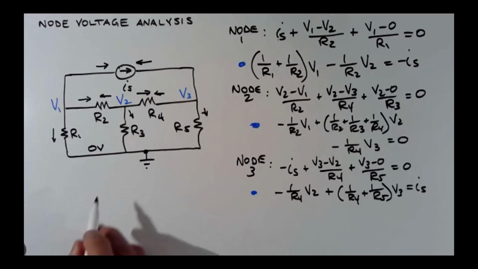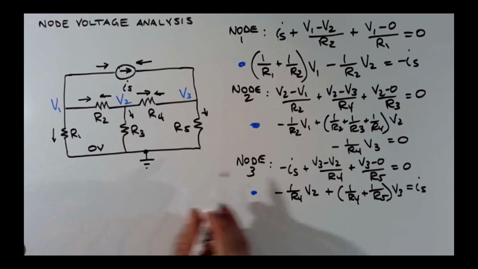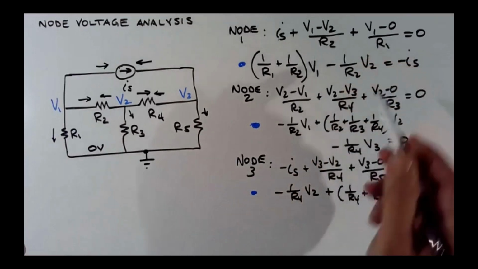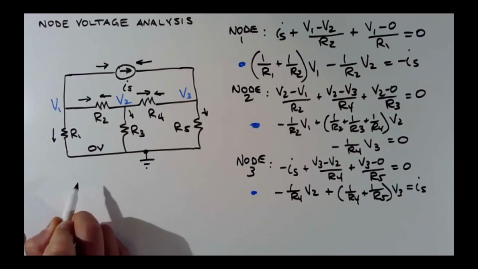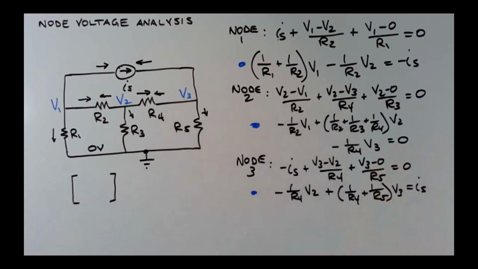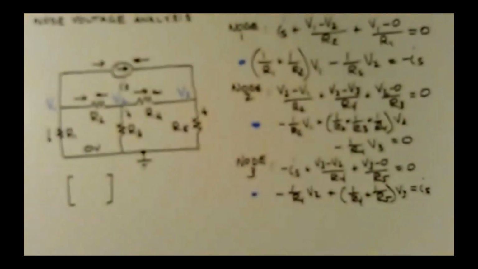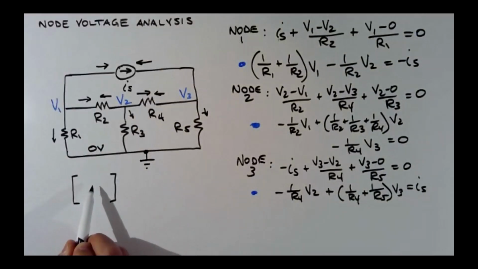The way I do it is, if you look at the form of this equation, you wind up having a set of values. In this case, it's 3 by 3. And we would call this the G matrix.